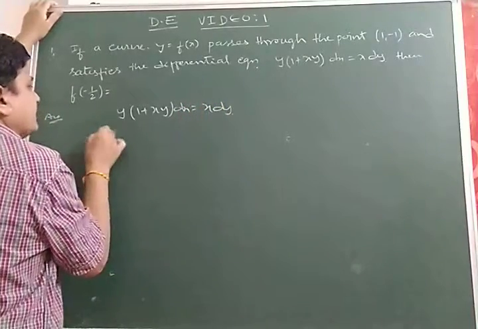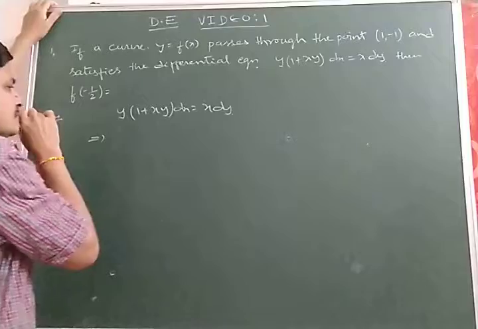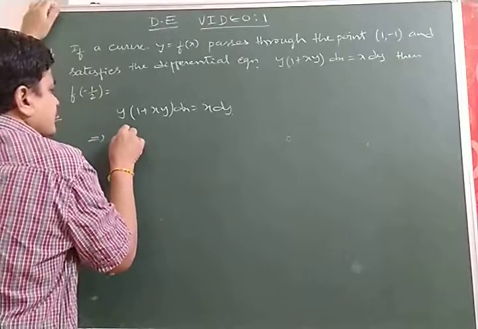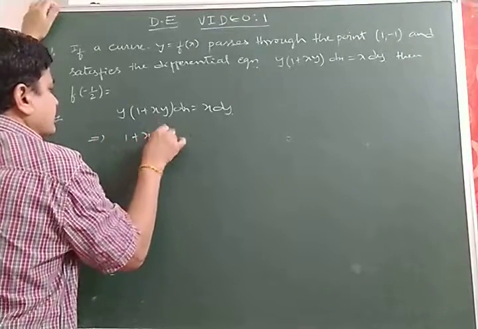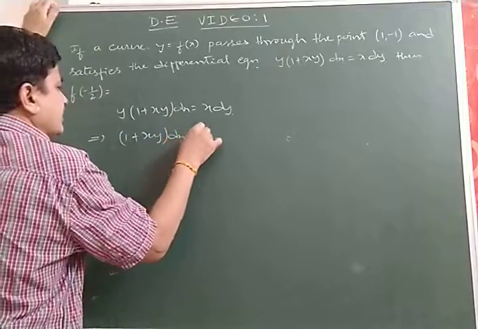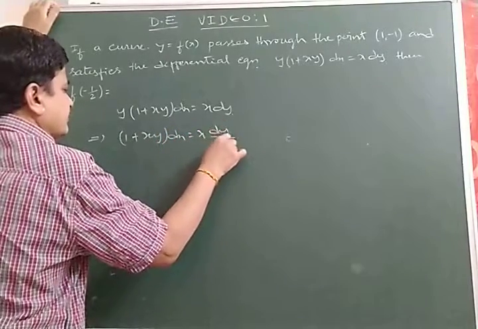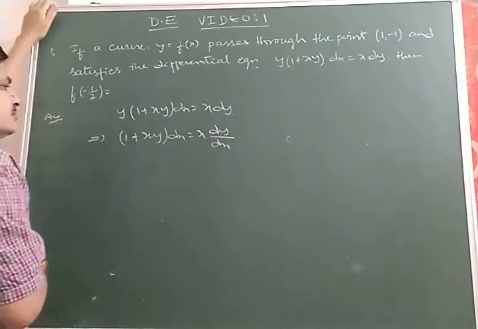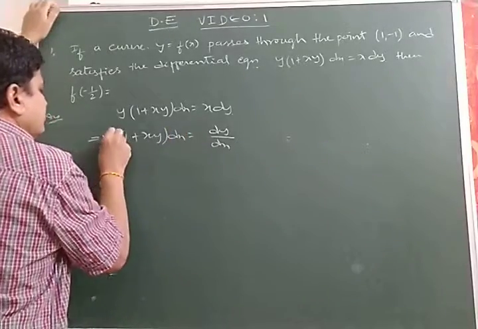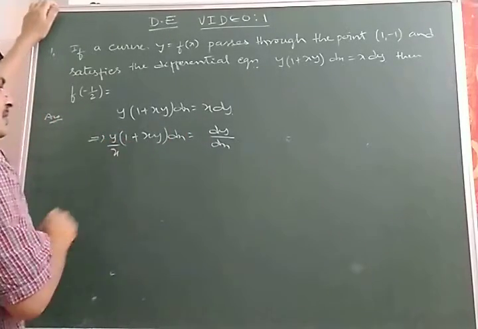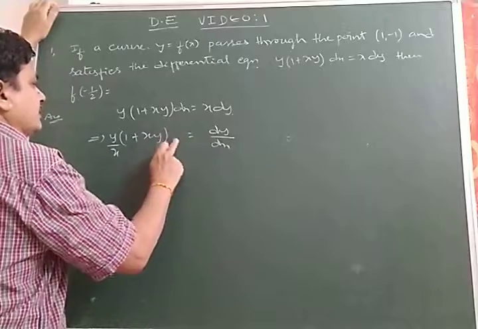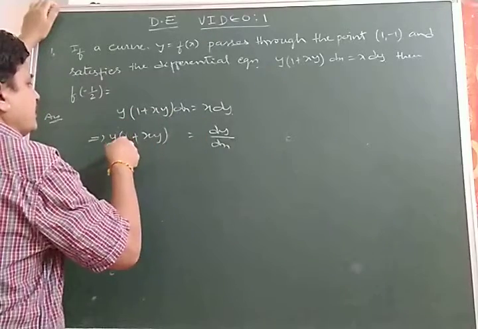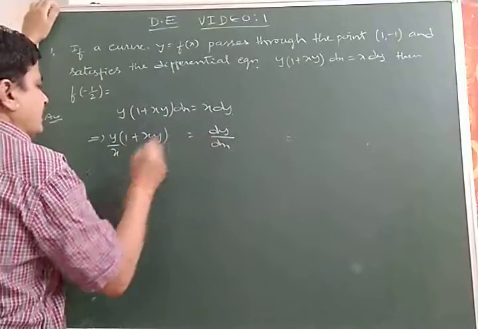That can be written as (1 + xy) dx is equal to x dy by dx, so y by x into (1 + xy) is equal to dy by dx.